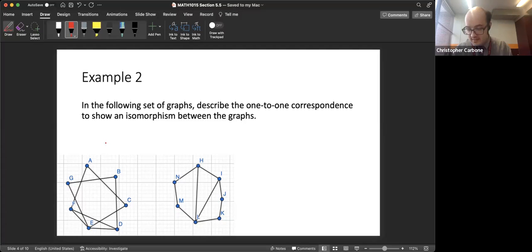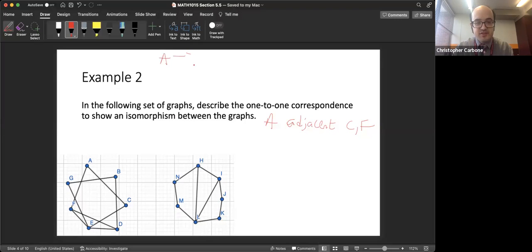So we can see in the first graph that A is adjacent to both C and F. Based upon that, the one that A corresponds with on the second graph is the point J here.